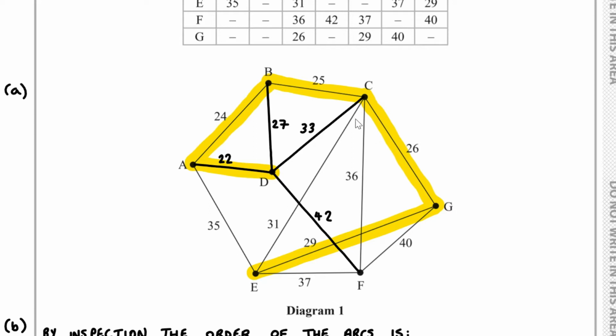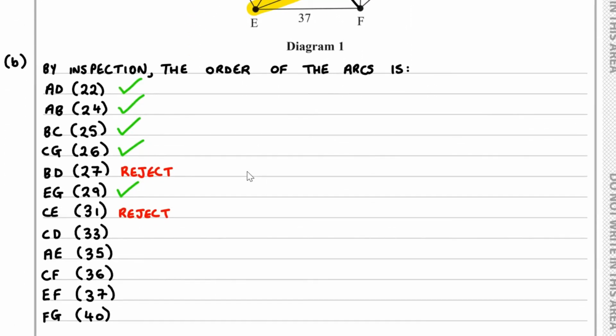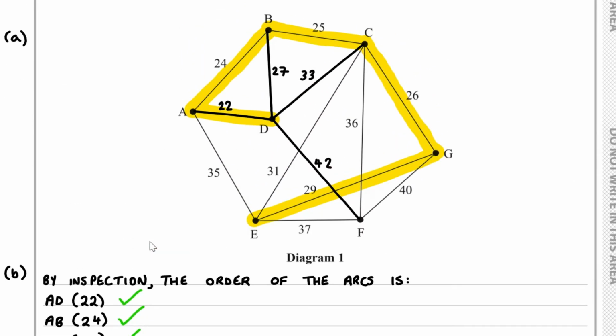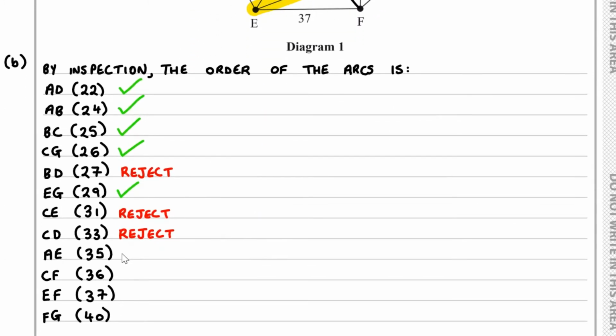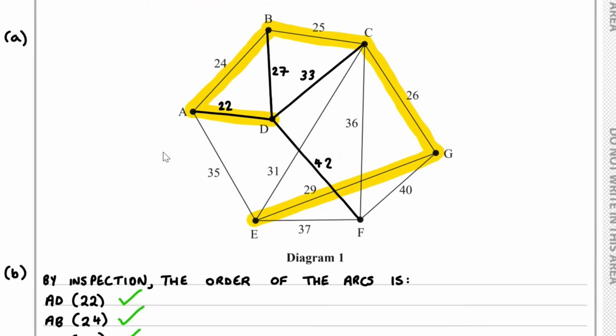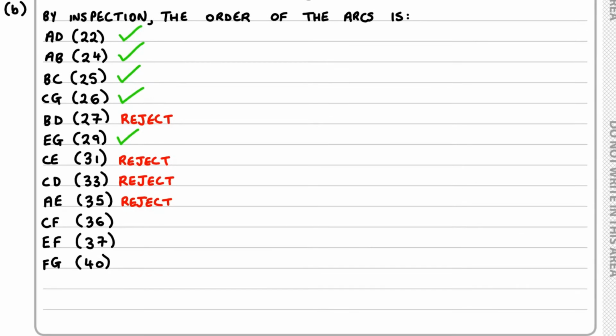This would form a cycle, so we'd have to reject CD. Then we have AE. We'd have to reject AE because this would form a cycle. Then we have CF. We can add this in over here. So let's tick this off.